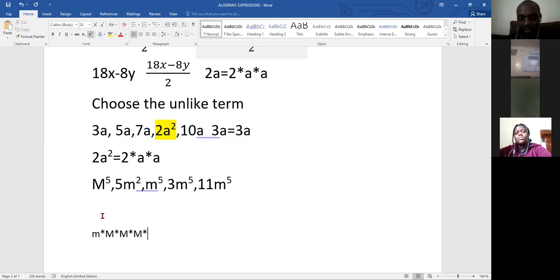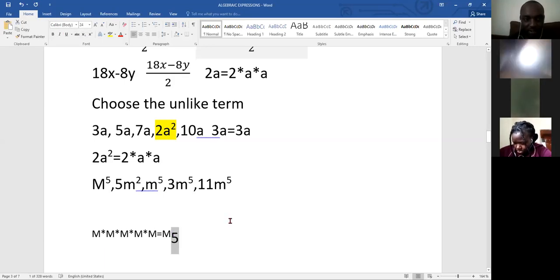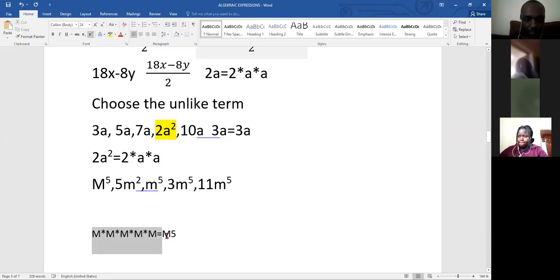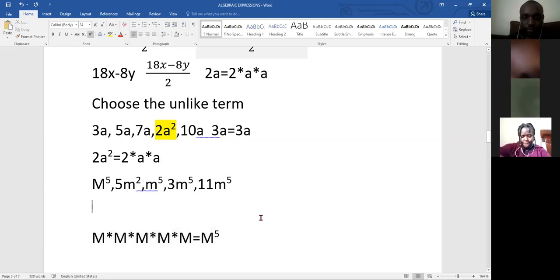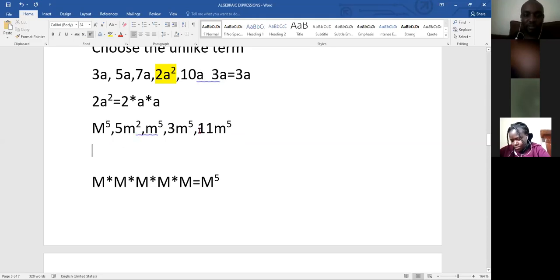That's multiplied by itself 5 times. So that is what m to the power 5 means.